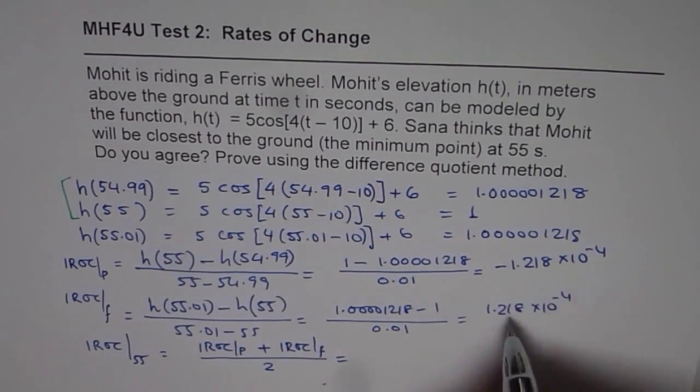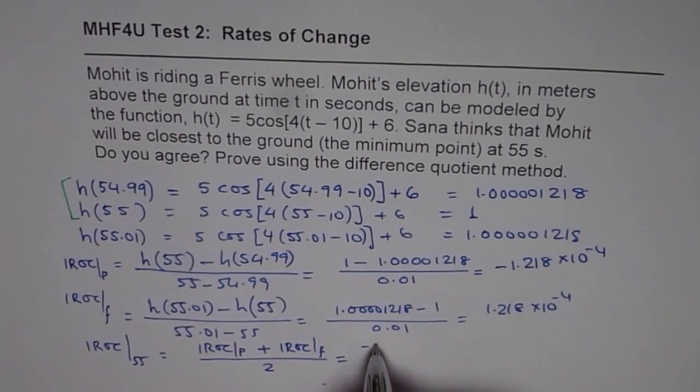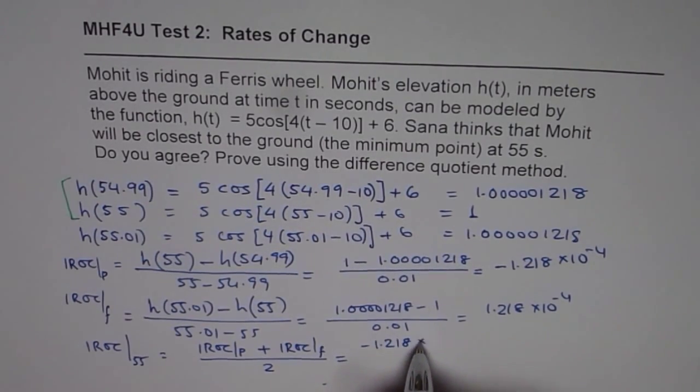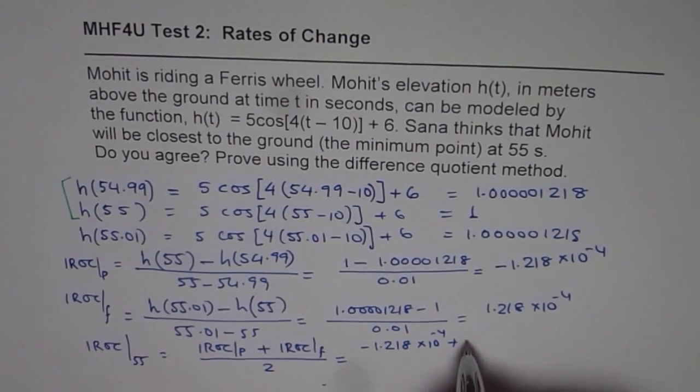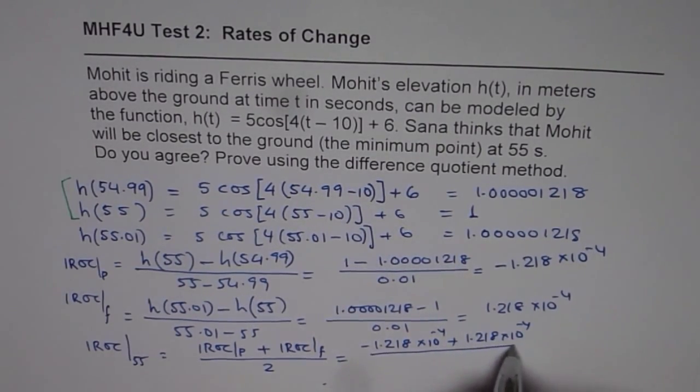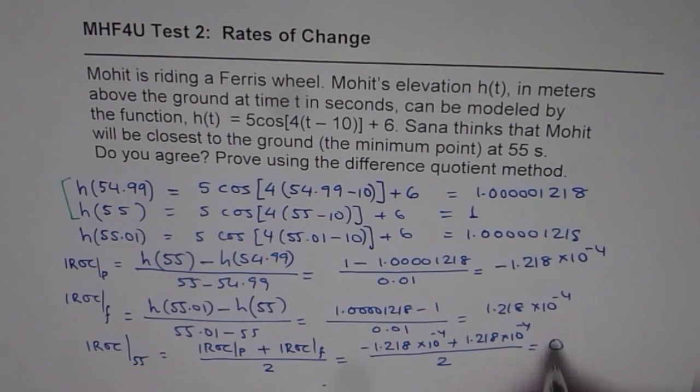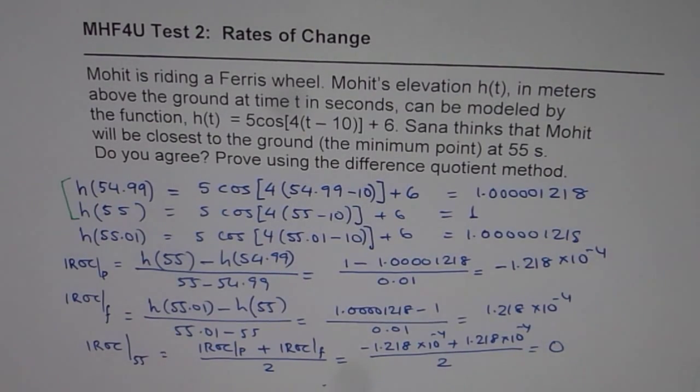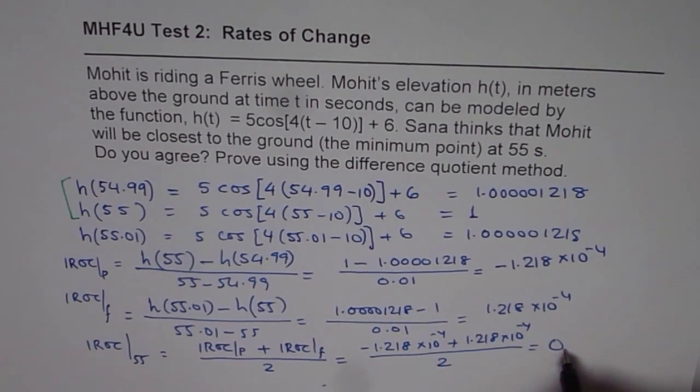So when you add these two quantities, minus 1.218 times 10 to the power of minus 2 plus 1.218 times 10 to the power of minus 2, divided by 2, you do get 0. So since the instantaneous rate of change at t equals 55 seconds is 0, we do have a maximum or a minimum, correct? That means horizontal tangent, right?